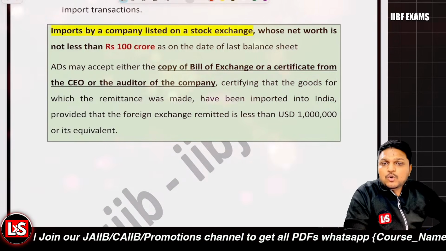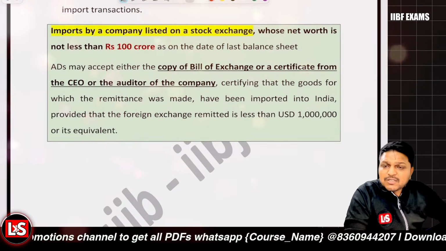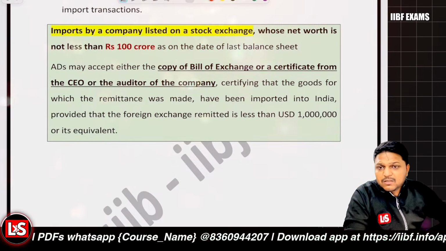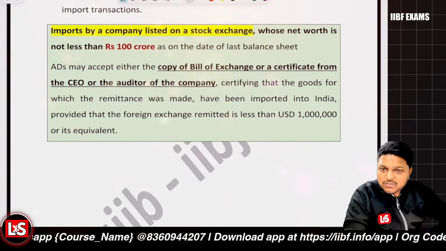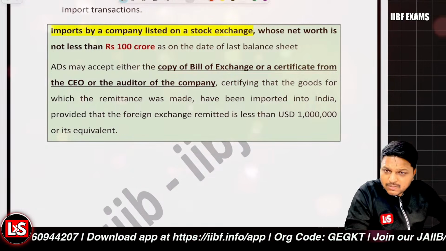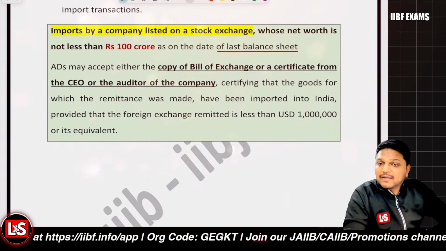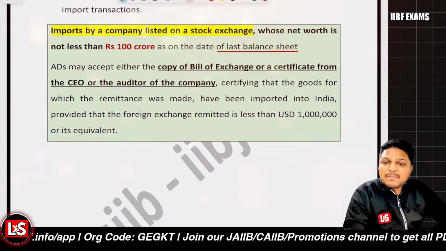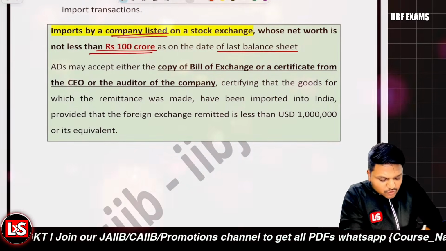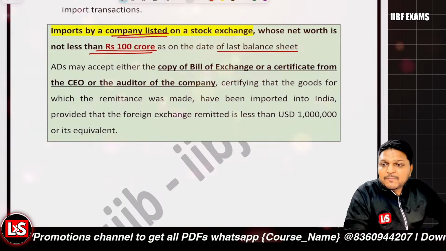Evidence of import, in that regard: relaxation is applied to companies like a company listed on a recognized stock exchange where the net worth is not less than 100 crore rupees, as per the latest audited balance sheet, right? Both conditions are mandatory: it should be a listed company and the net worth should not be less than 100 crore rupees.